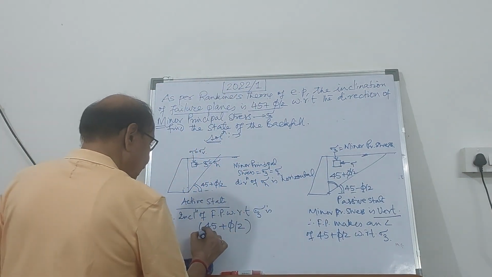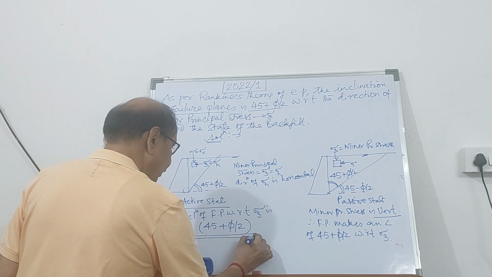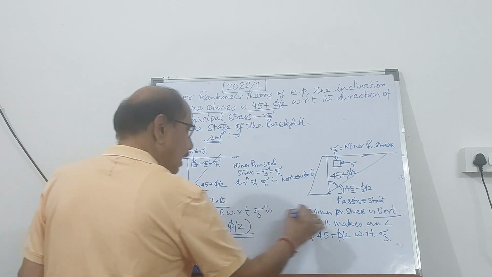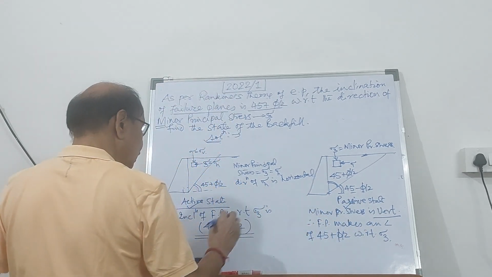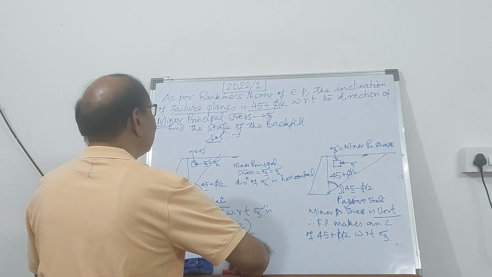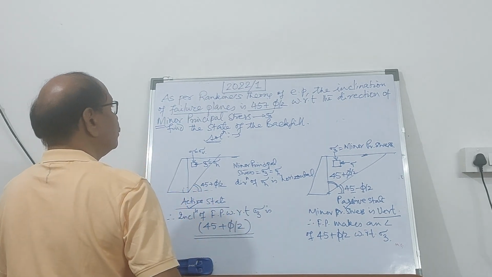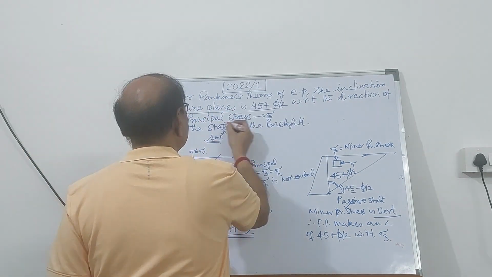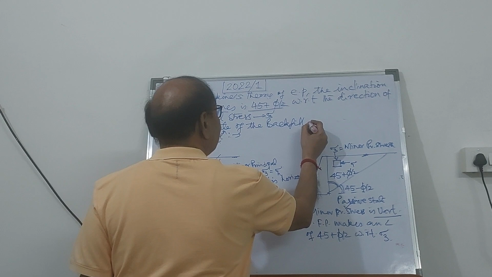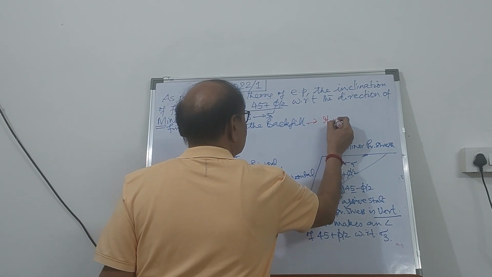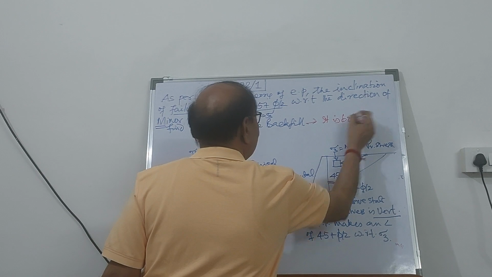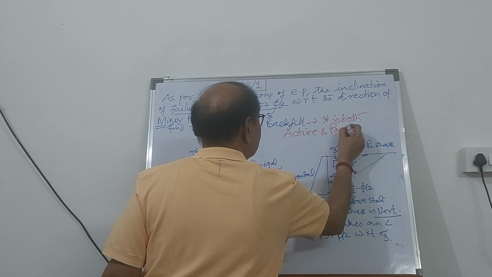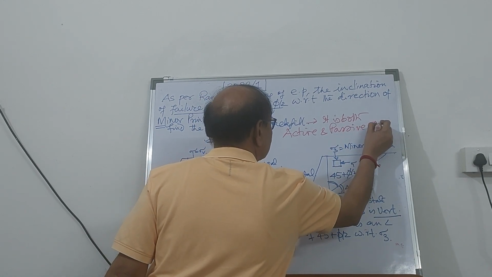We see that the inclination of the failure plane with respect to sigma 3, in both active as well as passive condition, comes out to be 45 plus φ/2. So, with respect to the direction of the minor principal stress, the state of the backfill is both active and passive state. This is the answer.